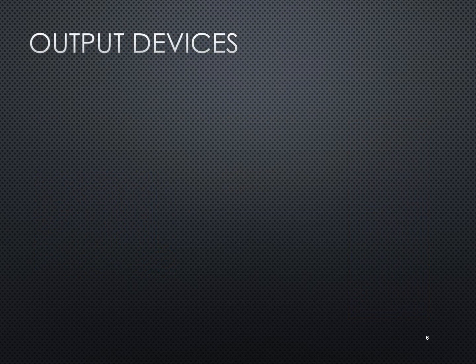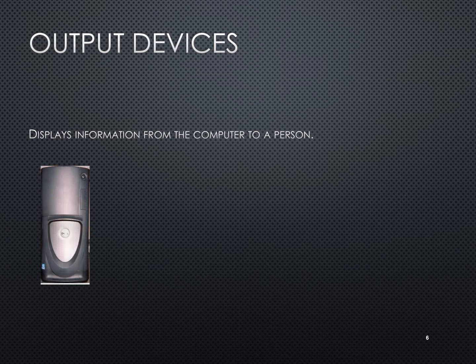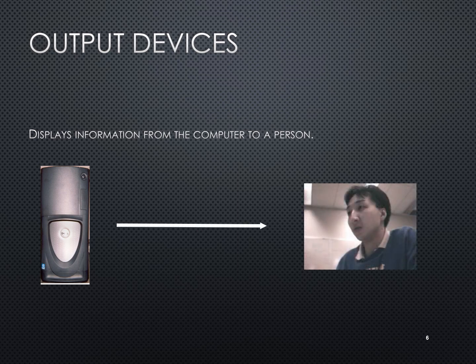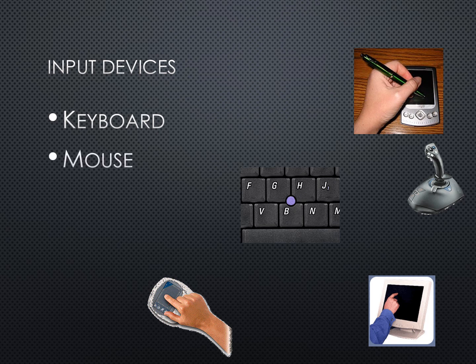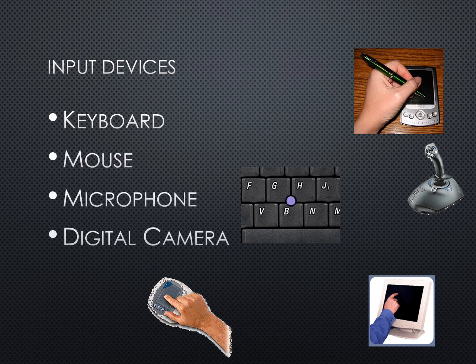Now, output devices display information from the computer to a person, meaning CPU to person. Input devices: keyboards, mouse, microphone, digital camera, and scanner.